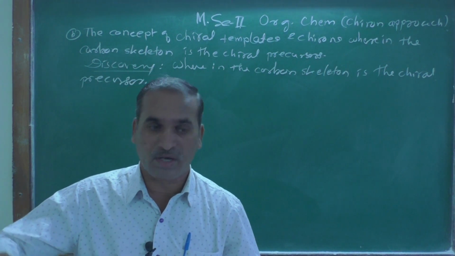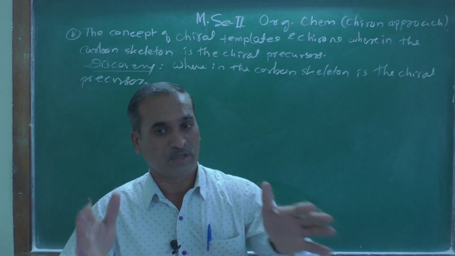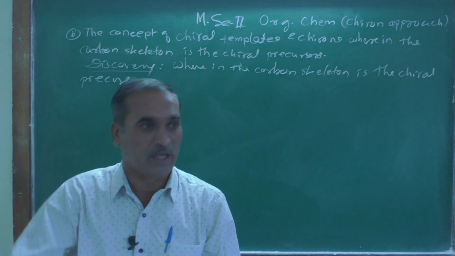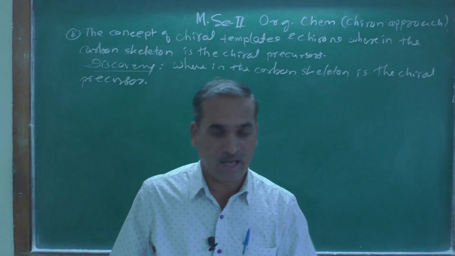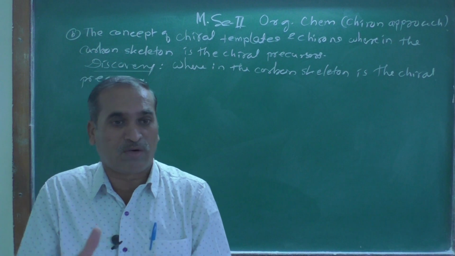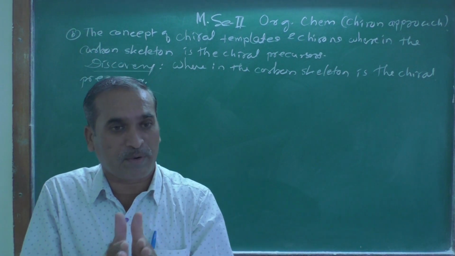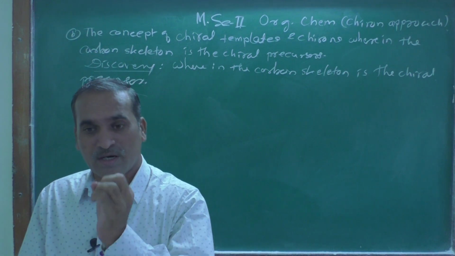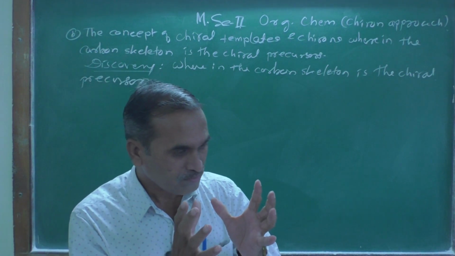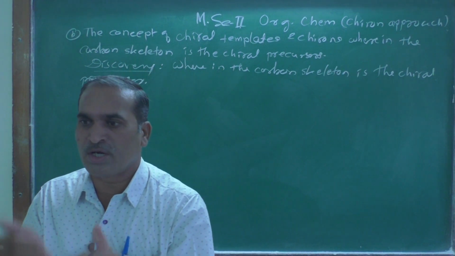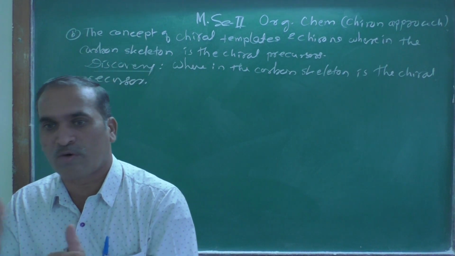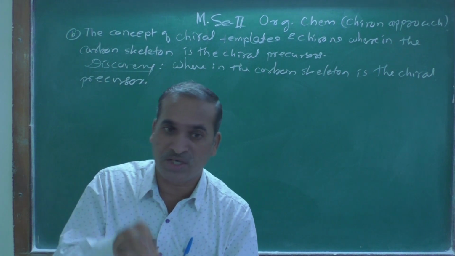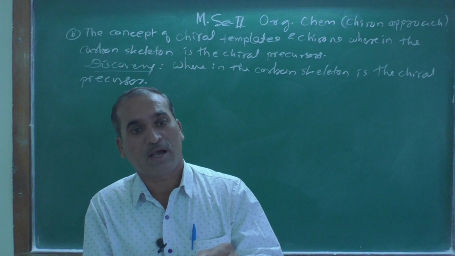In a precursor we can modify, but the exact copy of the segment should be present in the chiral. In the design we have learned, specifically, we have considered carbohydrate as a basic precursor, generally used for most natural product synthesis by keeping the Chiron approach.